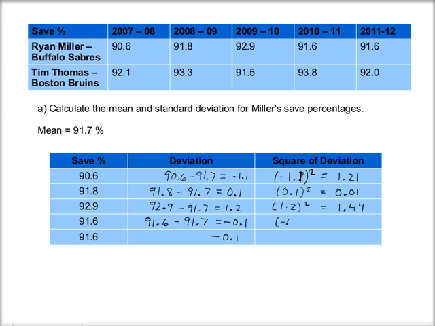And then the next two, I have negative 0.1 squared, which is also going to be 0.01 and 0.01. So I've found the squares of the deviations. Now I'm going to add those all up, and that will give me a total of 2.68.